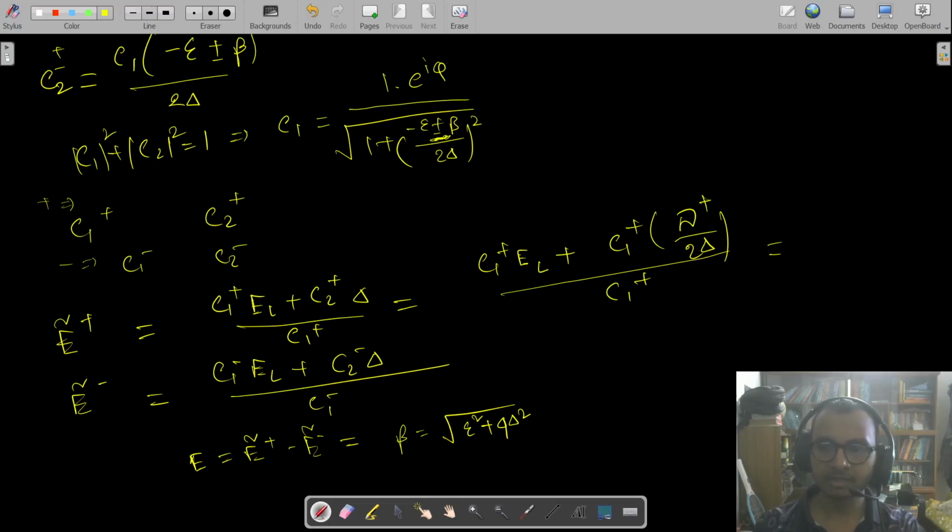So what happens is C1 plus goes away. This thing happens regardless of the sign of C1. That's why we're going to get the same splitting value for E. And the same thing happens here. I'm not going to work it out, you can check easily.